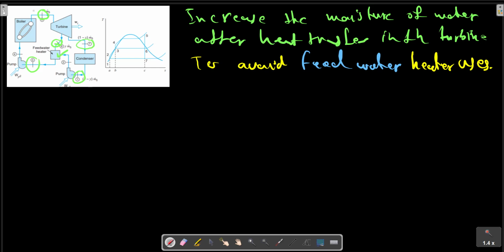It means that the liquid is pumped only to the intermediate pressure, not the boiler pressure. The liquid has not been pumped to the boiler pressure.